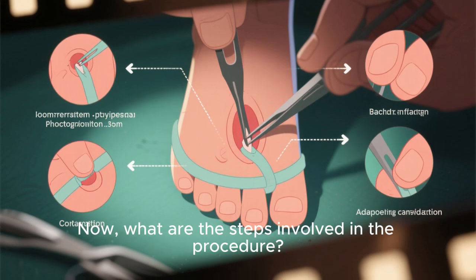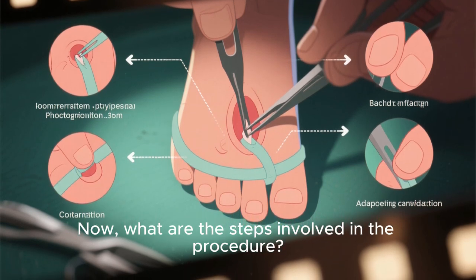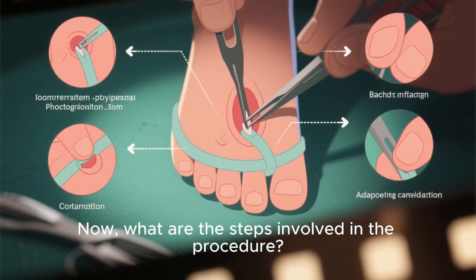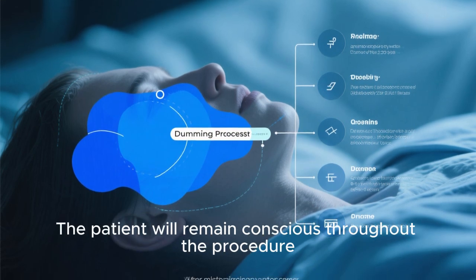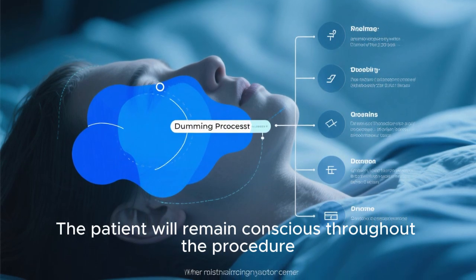Now, what are the steps involved in the procedure? First of all, the patient is given local anesthesia, so that means that only the penis and the surrounding area will be numb. The patient will remain conscious throughout the procedure. After the anesthesia takes effect, the foreskin is extended and the penis is held firmly.